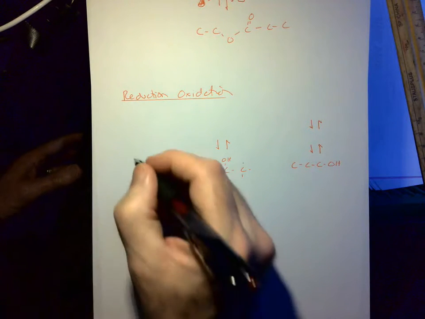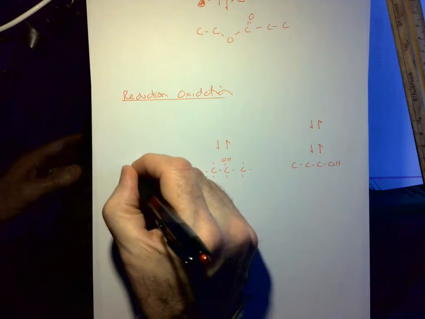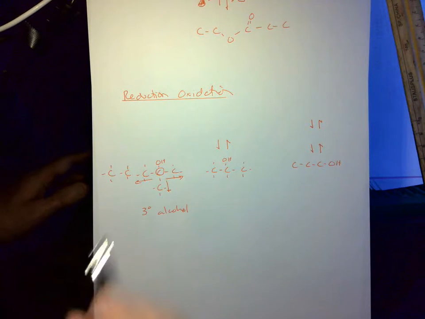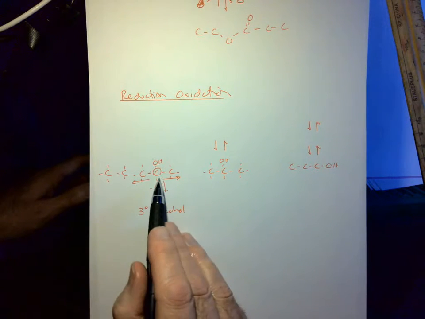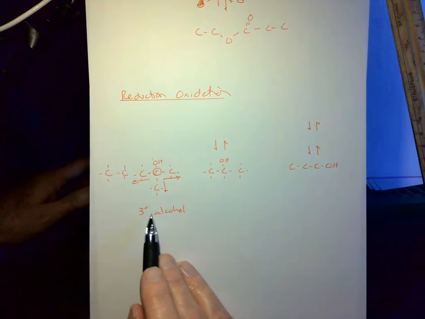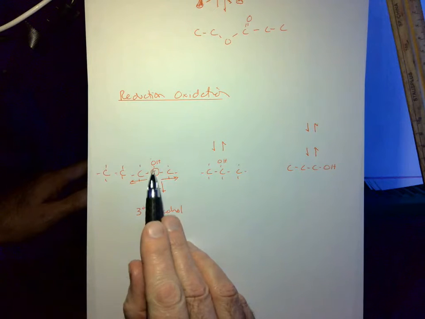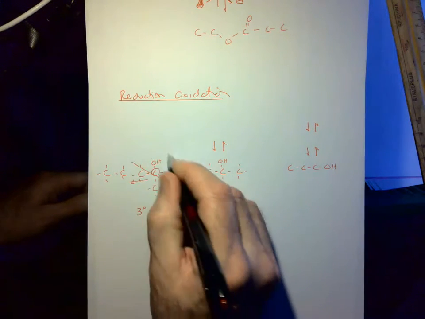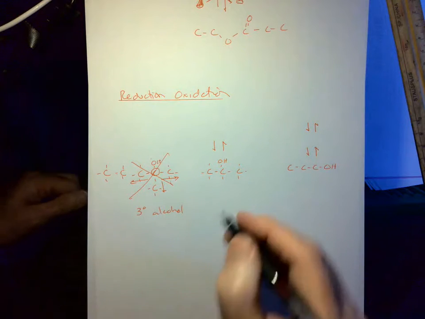Now, it doesn't matter how many carbons are in that carbon chain. There could be multiple carbons in the carbon chain, but that's 1 carbon chain, 2 carbon chains, 3 carbon chains coming off the carbon that's attached to the alcohol. That's a tertiary alcohol. These don't react.